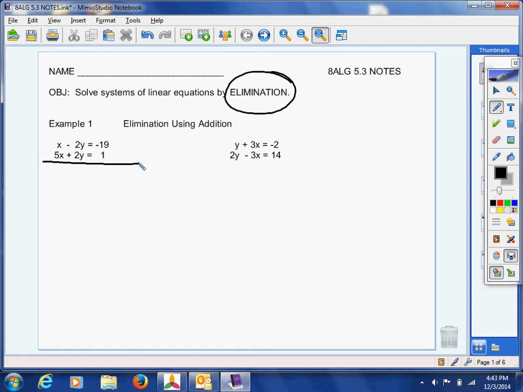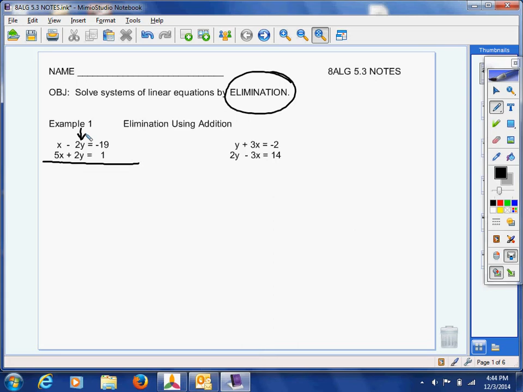And so what you're looking for, let me just feast your eyes on this second set of numbers. What you need is the x's on top of each other. So you've got 1x on top of the 5x, and you've got minus 2y over plus 2y. Your equal signs are over the top of each other, and your constant numbers are over the top of each other. The negative 19 is on top of the 1. That's perfect. You want that alignment.